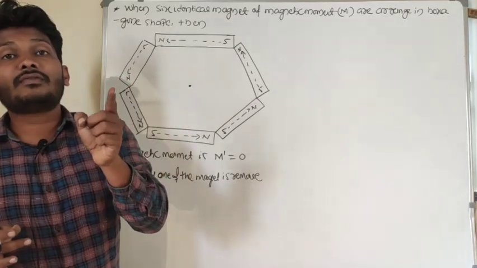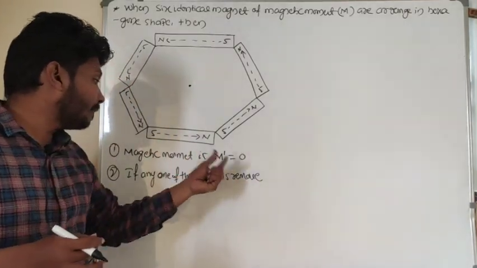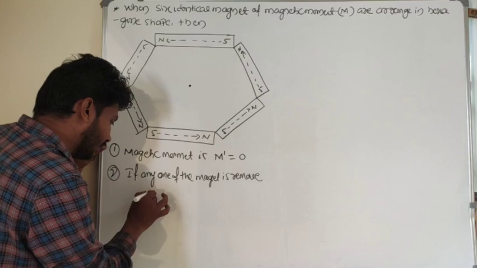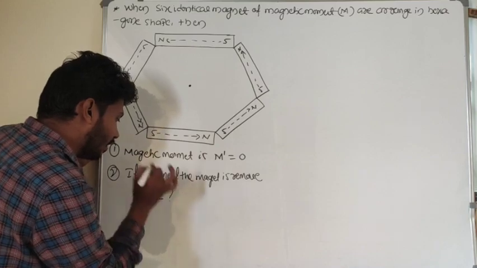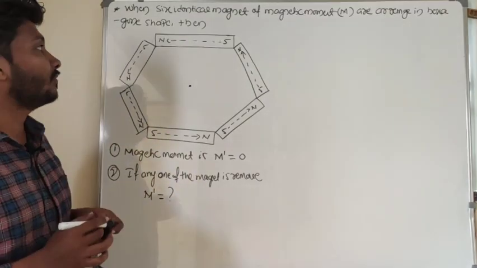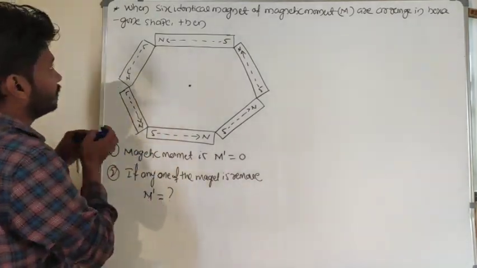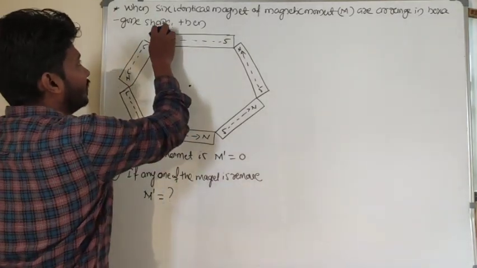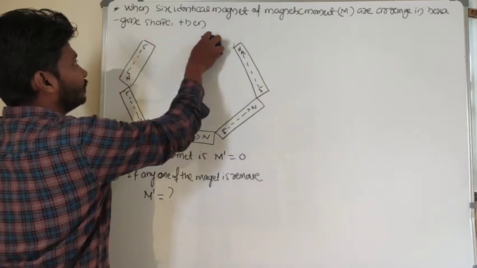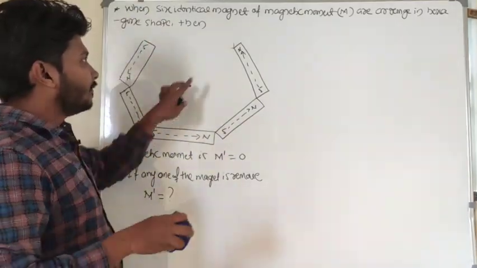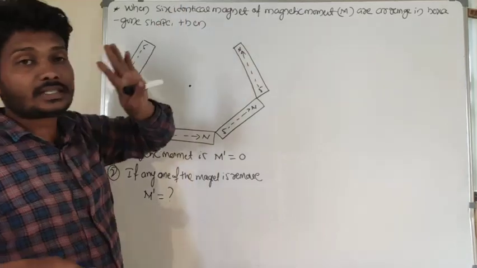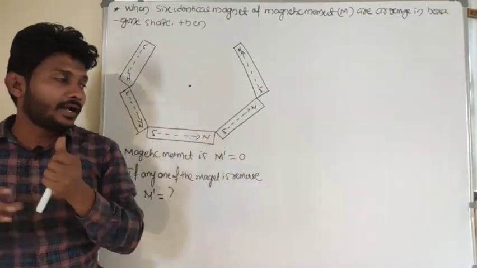What is the value of the new magnetic moment if any one of the magnets is removed? Look at here, I will remove one magnet here. So I will just rub out one magnet here, right? If I remove one magnet, I want to find out what happens to its magnetic moment.